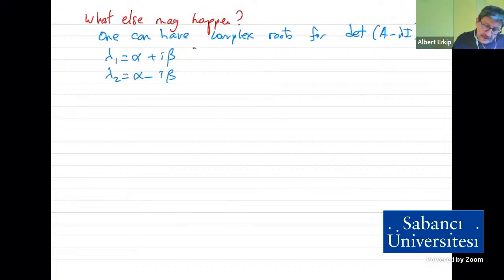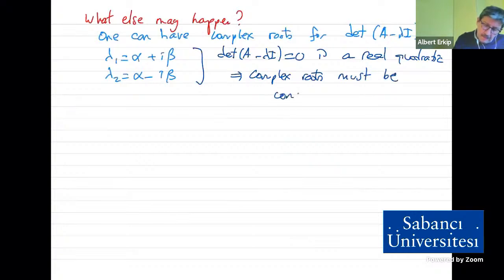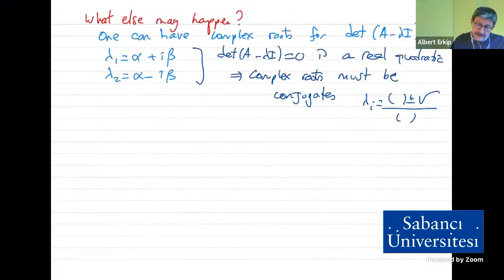Because determinant A minus lambda I equals 0 is a real quadratic. So that means complex roots must be conjugates, because the root formula says lambda equals something plus or minus the square root of this. If this is complex, then you get plus or minus I beta.